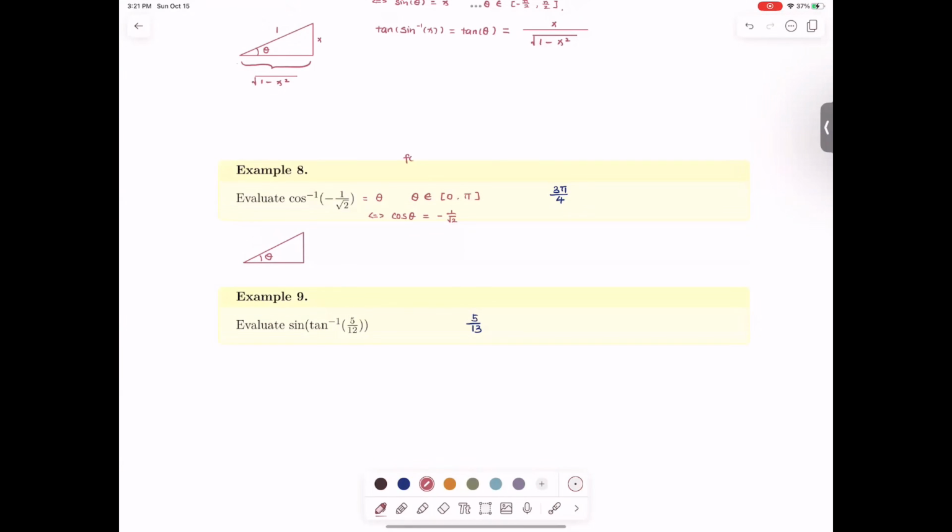If f of A equals B, if and only if f inverse of B equals A, you swap them. Right, so f inverse of B equals A if and only if f of A equals B, with restriction thus.